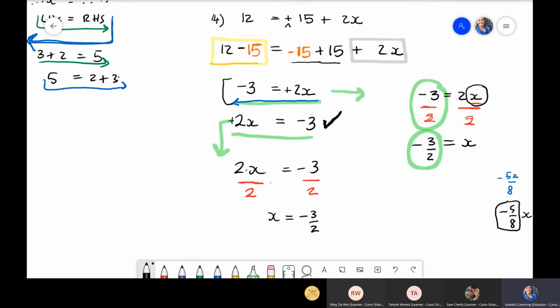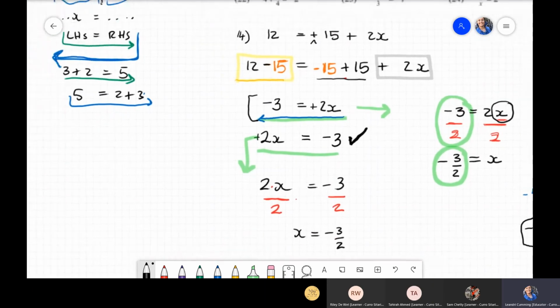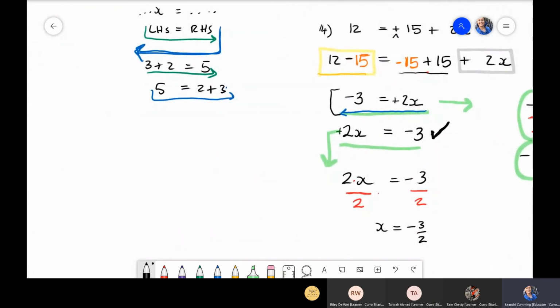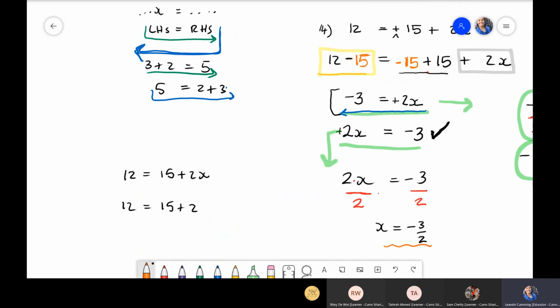And now let's just check. We want to check, are we okay with this answer? Then let's go back to what was given to us. We were given 12 is equal to positive 15 plus 2x. 12 is equal to positive 15 plus 2, I am subbing this in, minus 3 over 2.